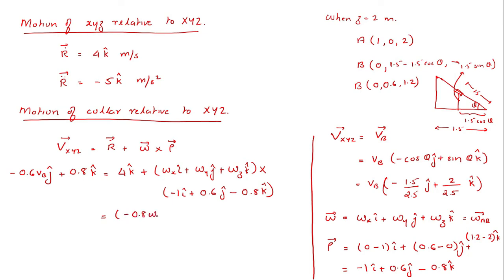minus 0.8 omega y minus 0.6 omega z into i cap plus 0.8 omega x minus omega z into j cap plus 0.6 omega x plus omega y plus 4 into k cap.